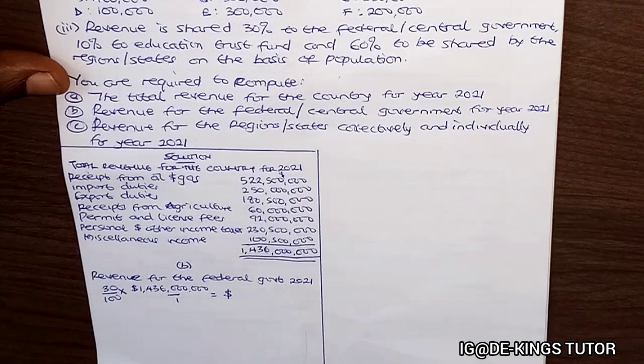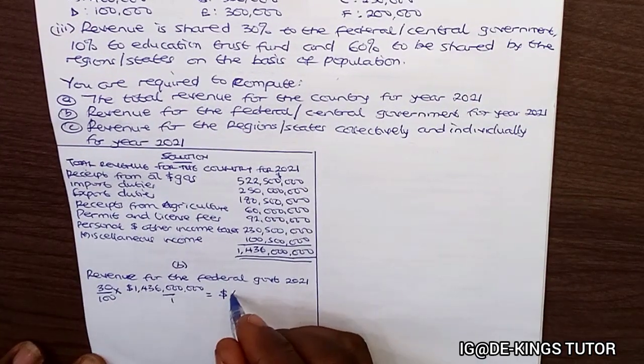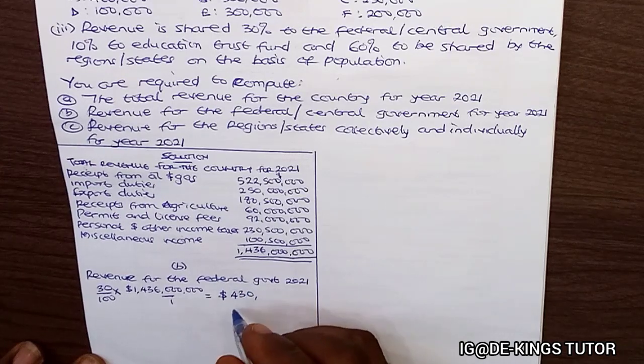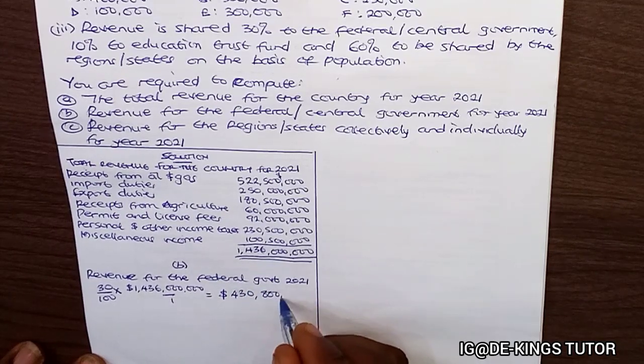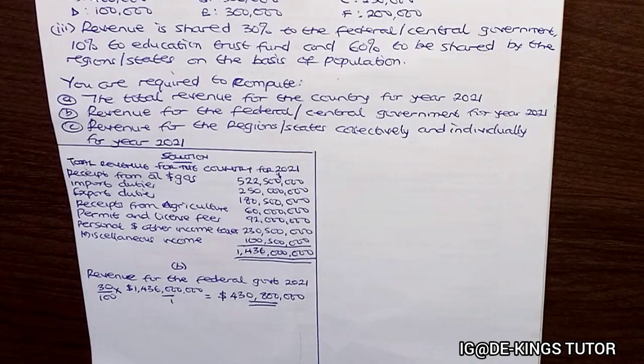From my calculator, 30% of this will give us $430,800,000. That will be the revenue for the federal government.